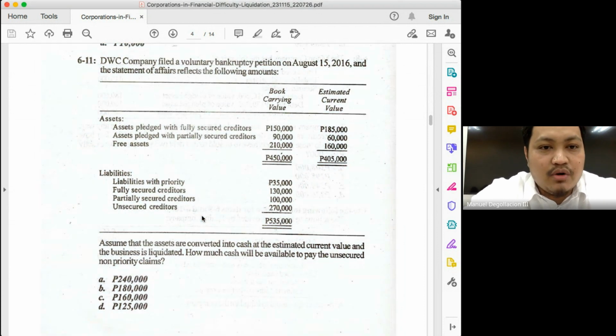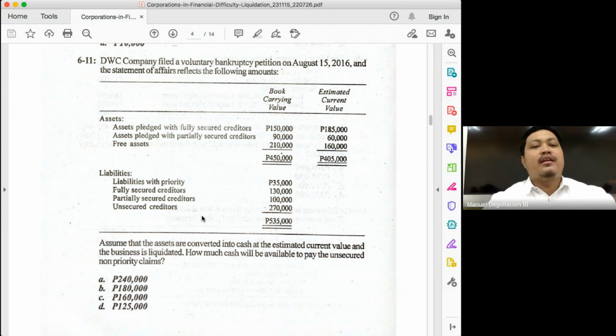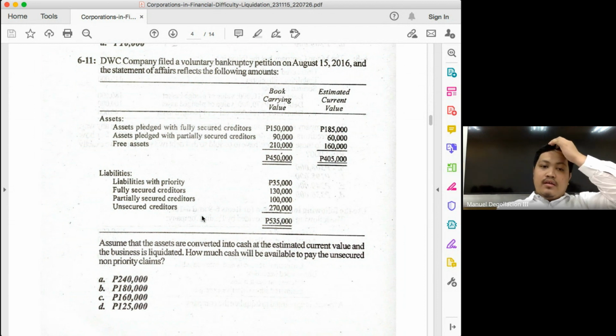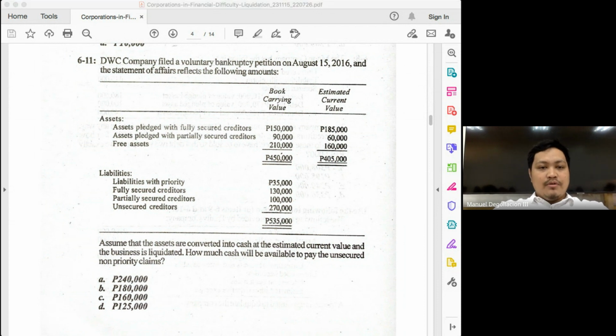Let's classify our liabilities first. I know they are already classified in the manner which we prefer, class. You have your liabilities with priority, you have your fully secured creditors, then your partially secured, and you will have your unsecured creditors.